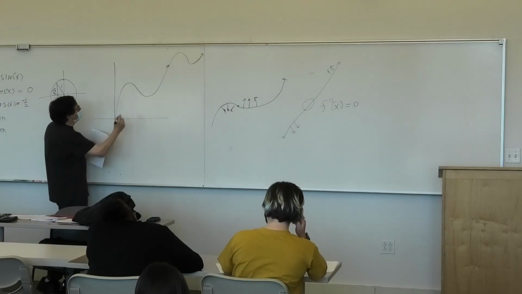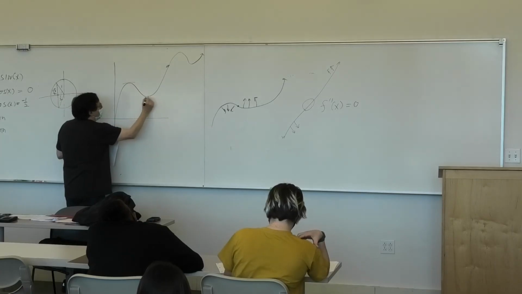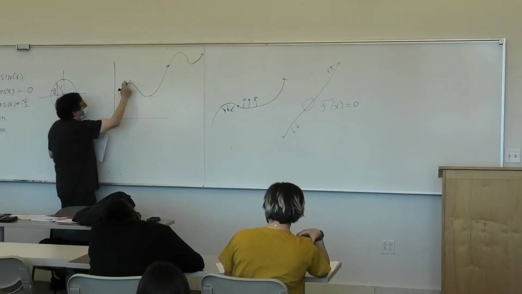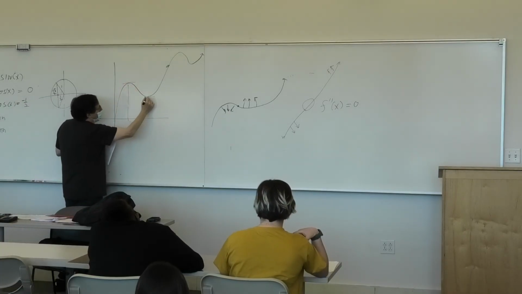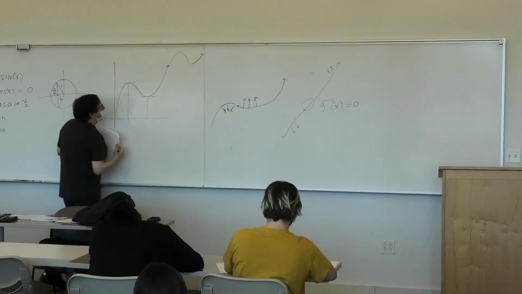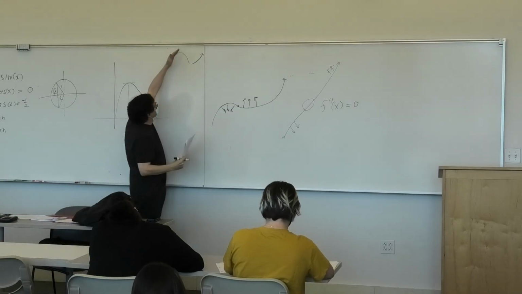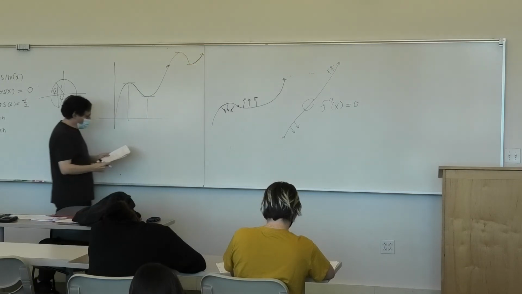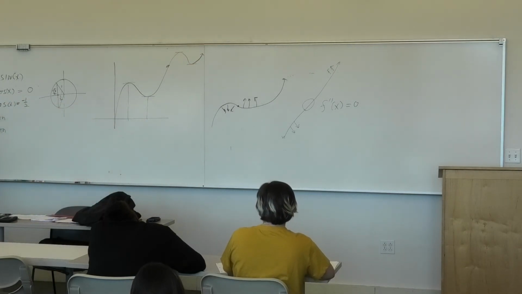And we can kind of see immediately, 2 pi is going to represent a maximum here. And 4 pi is going to represent a minimum. And then the function is going to increase and it's going to repeat. So that kind of gives us a sense of where these maximums and minimums are, the fact that they're going to repeat because we have a periodic function here.